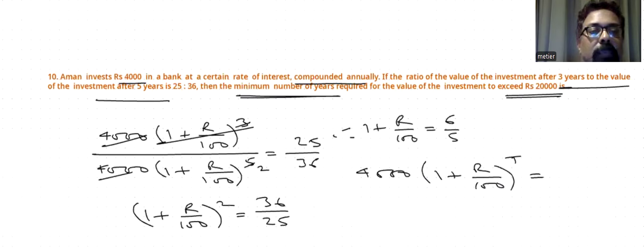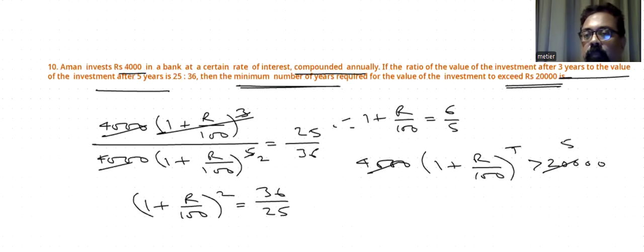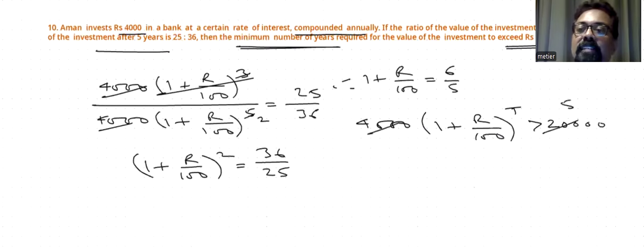So it will be greater than 20,000. Simplify it. 1 plus R by 100 is 6 by 5. My suggestion is to write it down as 1.2. 1.2 whole to the power T should be greater than 5.